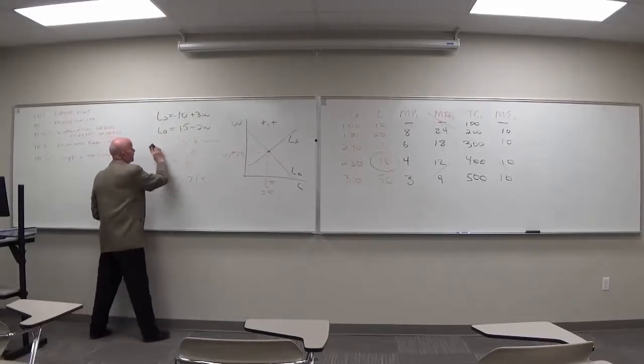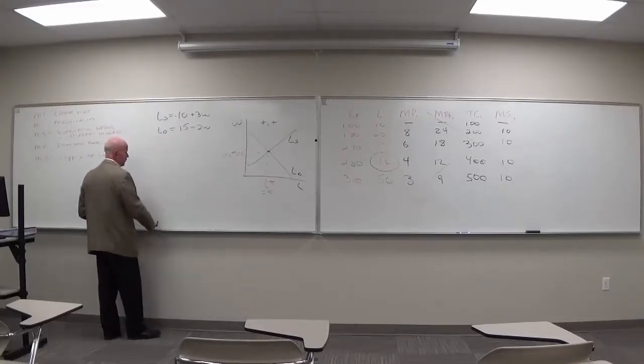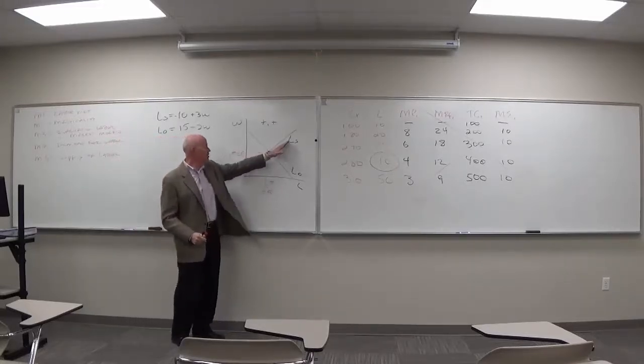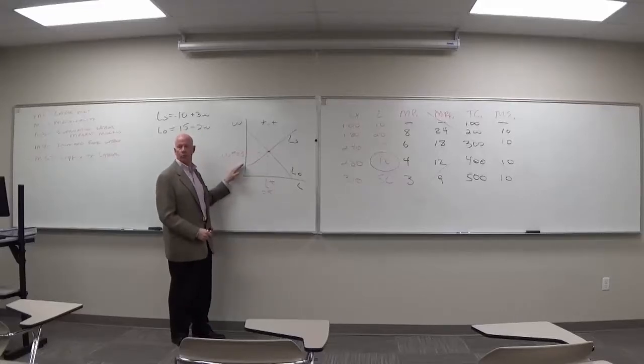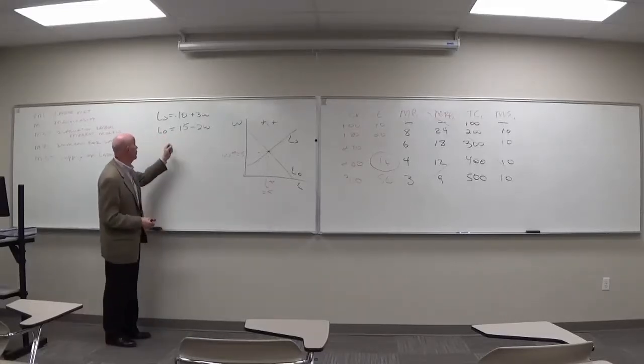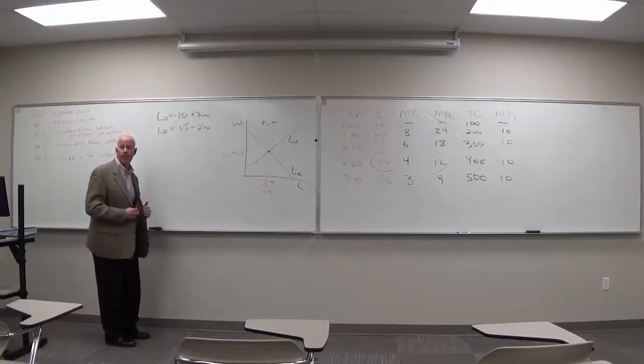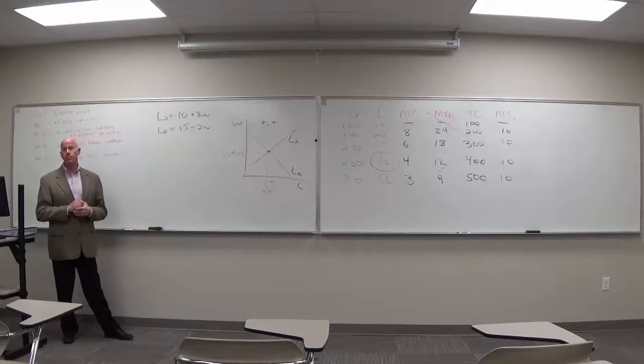By the way, I know that this supply curve could possibly cross the y-axis, the wage axis, or it could possibly cross the L-axis, and still be upward sloping either way. Catherine, do you know how I can look at this equation and immediately tell which axis it crosses? Well, if you say that the labor supply is 0.